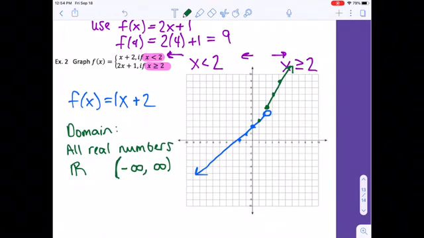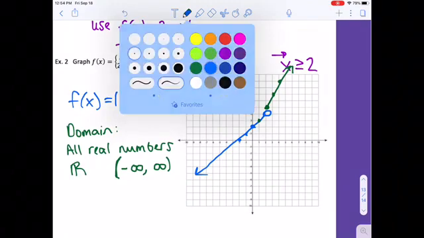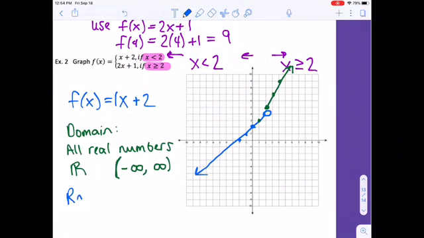For our range is a little different. This is our y value, so how far the graph extends up and down. It's almost all real numbers, but we have this little space here that is not included, so we can't just say all real numbers.